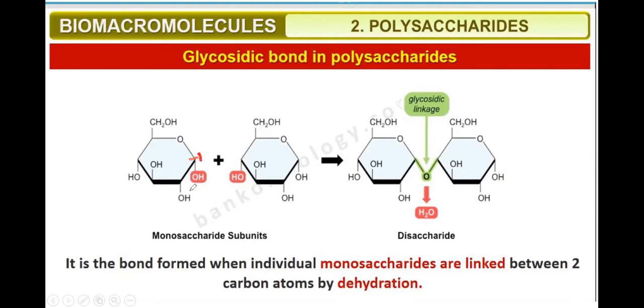Carbon 1, 2, 3, 4, 5, and 6 carbon. Then 12 hydrogens. Where this is HOH, here is H, here is H. So 2 hydrogen here, 1, 3, plus here 4.